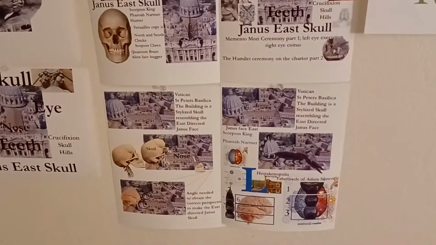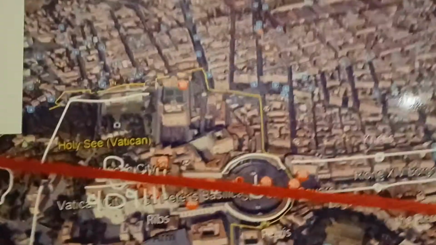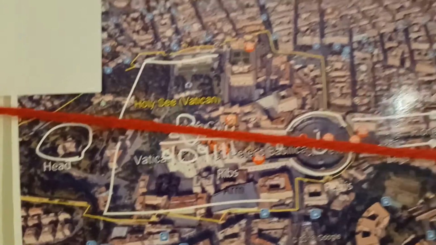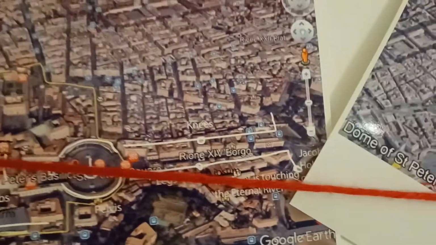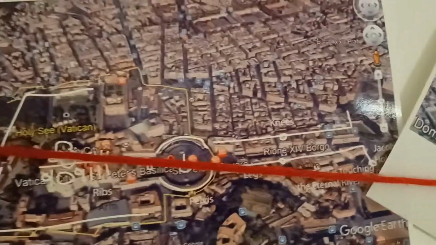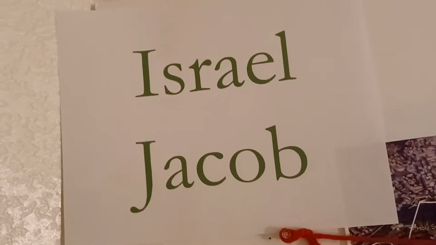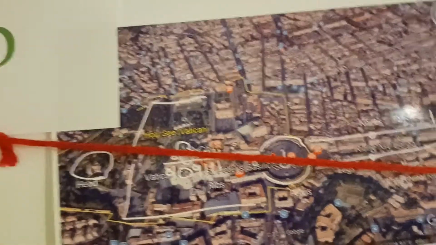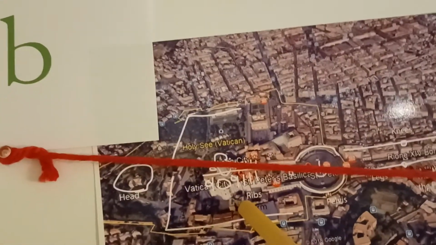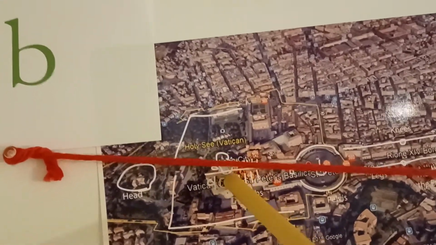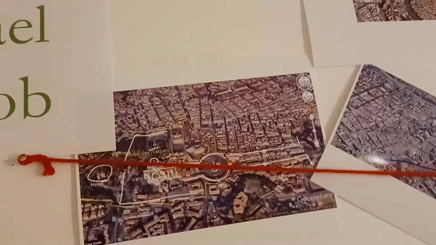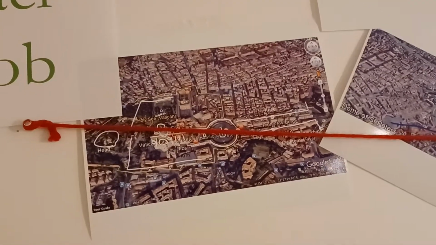Then you have the Vatican stuff, and within the Vatican, you have the story, literally the story of the physicality of Jacob, Israel, there. Those are smaller domes next to the bigger dome of St. Peter's Basilica.